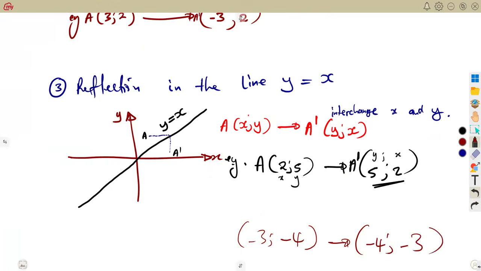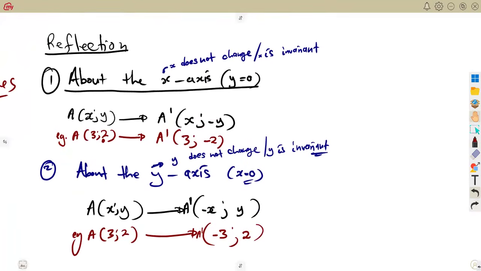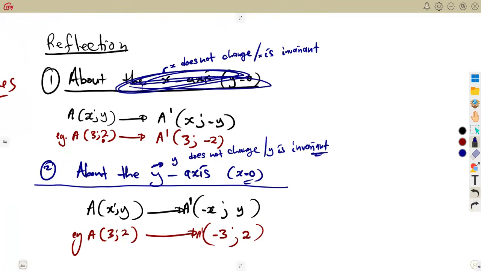You interchange those points. A reflection in the Y-axis, X is multiplied by a minus. Y does not change. If it is about the X-axis, X is not affected there. X is not affected. It is Y which is affected.